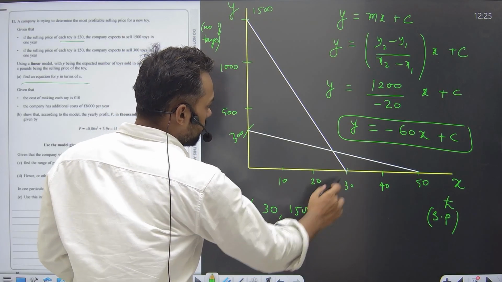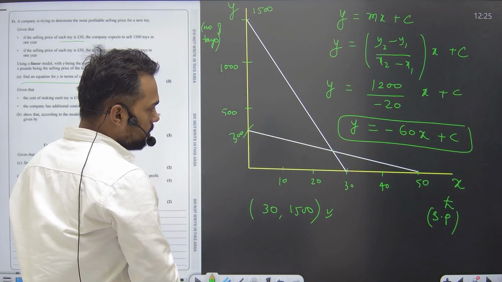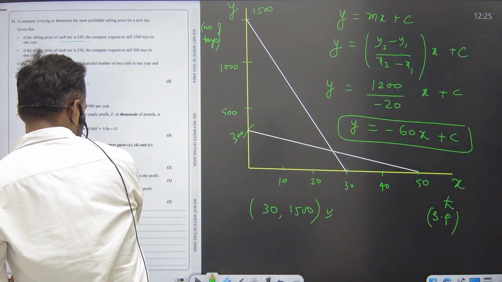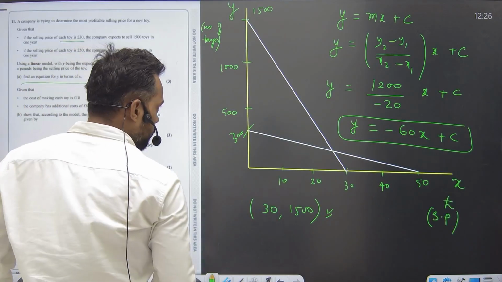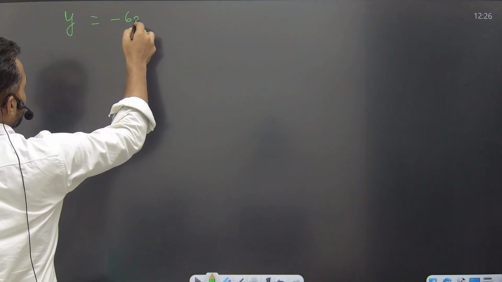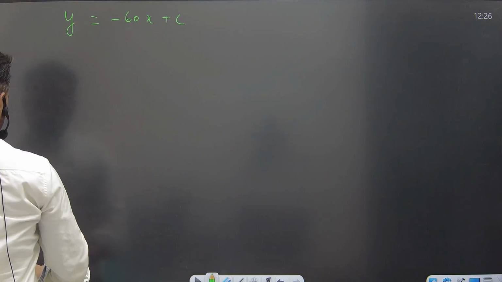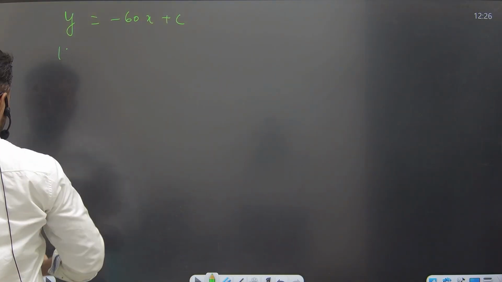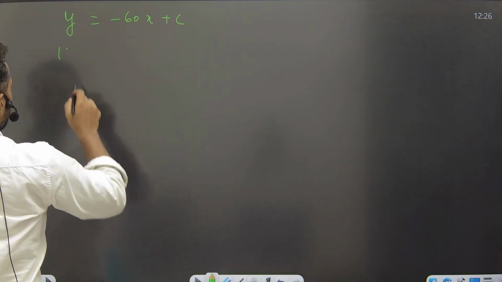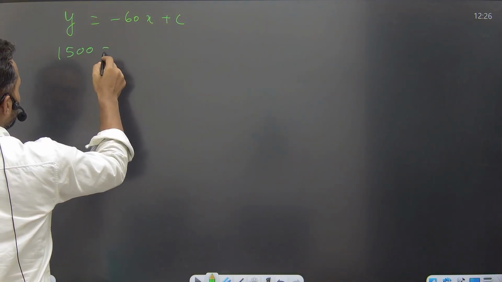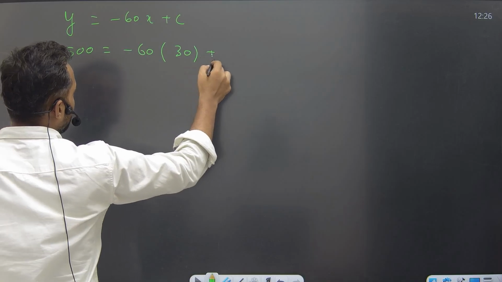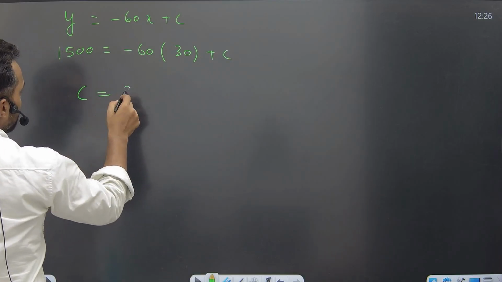So this point will lie on this particular equation, y equals minus 60x plus c. Now plugging in the values of x and y here, 1500 will equal negative 60 times 30, x was 30, plus c. From here you will get the value of c equal to 3300.